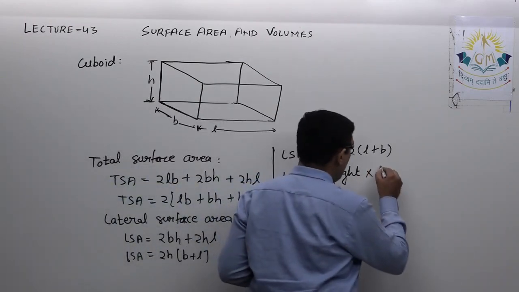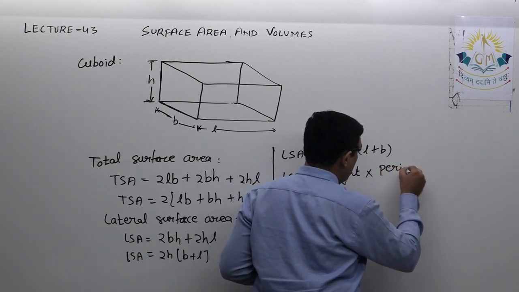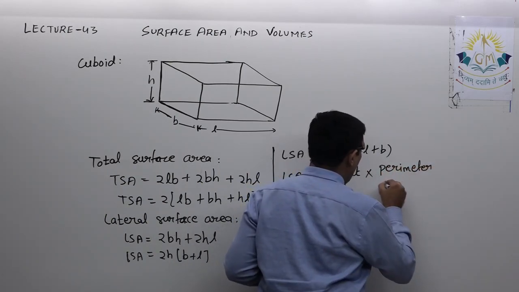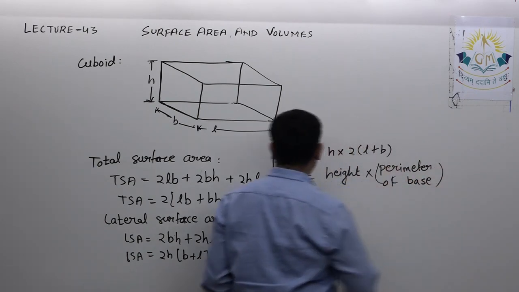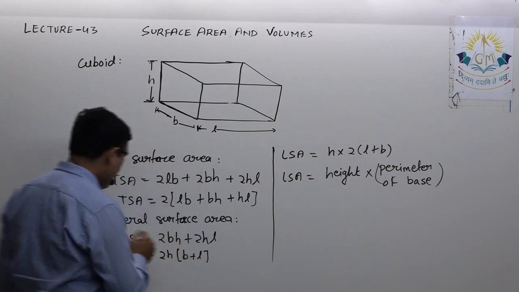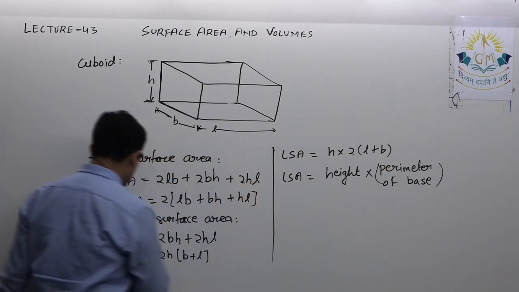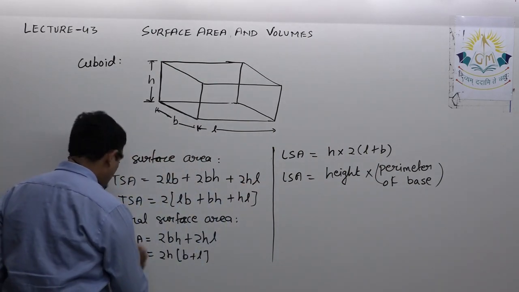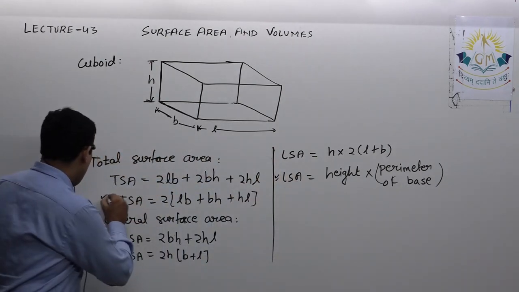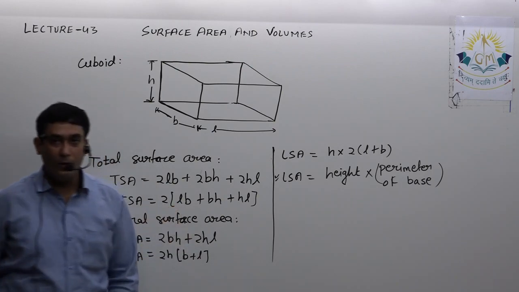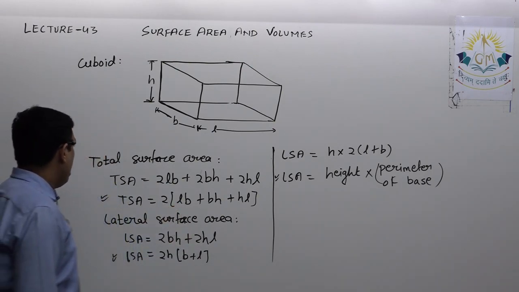So LSA is height into perimeter of base. It is better to remember these two formulas. I am deriving this, but actually you have to remember only the TSA formula. So these are TSA and LSA.